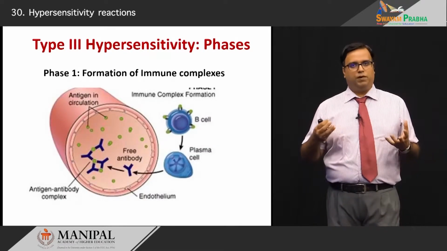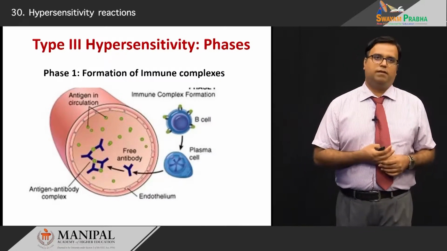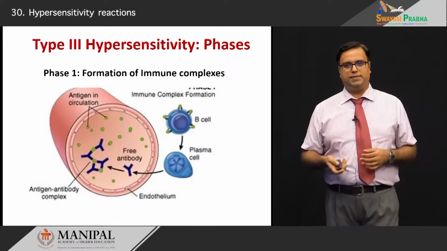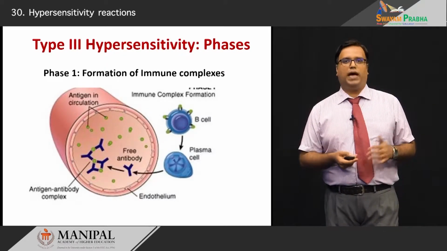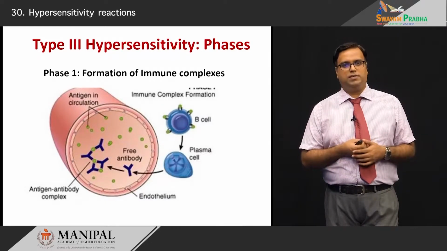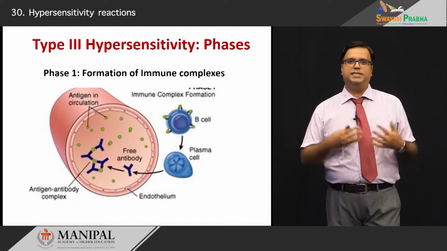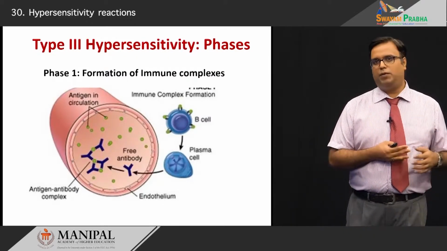It goes in 3 important phases if we want to understand it even further, which is called phase 1, 2 and 3. Phase 1 is merely the formation of complexes as indicated on the schematic representation on your screen there. You have an immune complex formation which is mainly to do with antigens in the bloodstream. Your B cells will react, get transformed into an active B cell, release antibodies.